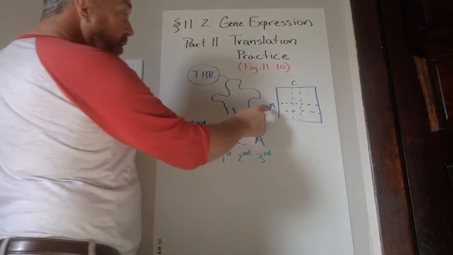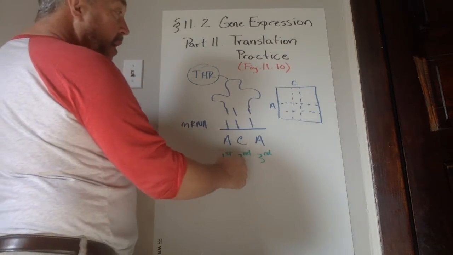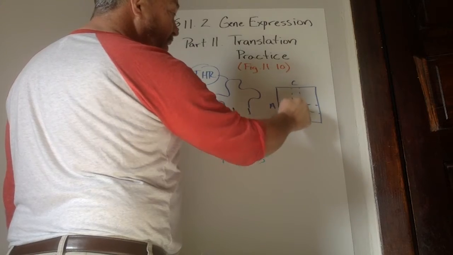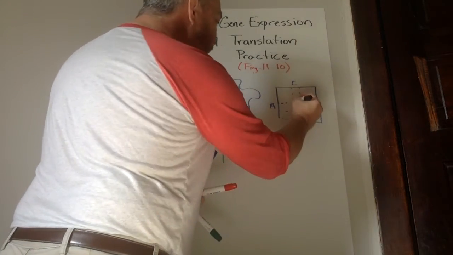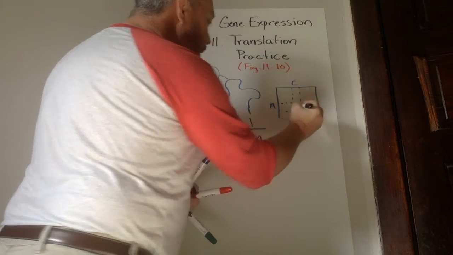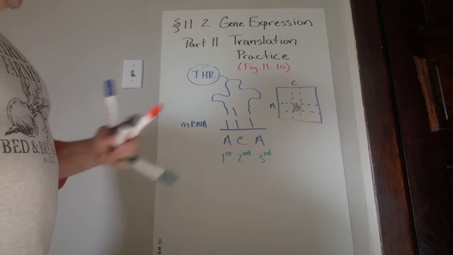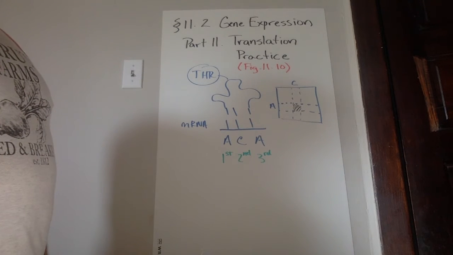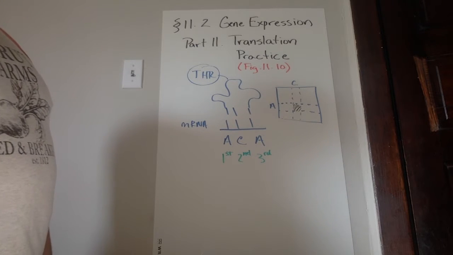So when you have A, you look over here for the A. You find that row, you find the column C, and you find the box where those two meet. In that box, you will see the code ACA, and actually you can see everything in that box is going to code for the amino acid threonine. This is what we call redundancy.